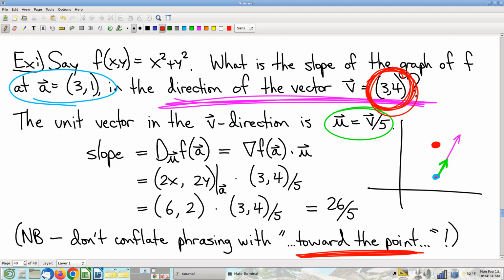Well, notice, toward that point is a totally different direction, and it's really not what this question's asking about, right? So I know that they kind of sloppily, casually sound the same. In the direction of the vector sounds like toward a location, but it's not. Right? Is everybody okay with that? Does everybody see the distinction that I'm drawing and why this needs to be interpreted the right way?